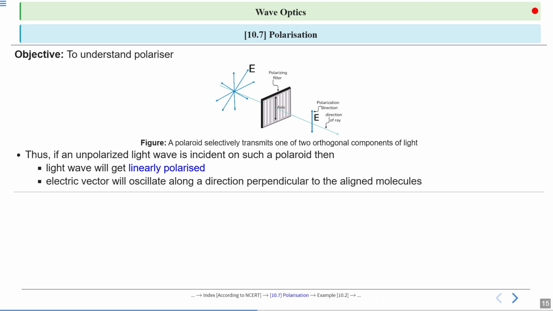So the electric vector will oscillate along a direction perpendicular to the aligned molecules; oscillations of the electric field vector along the aligned chain molecules will be absorbed, and those perpendicular to the aligned molecules will be transmitted.